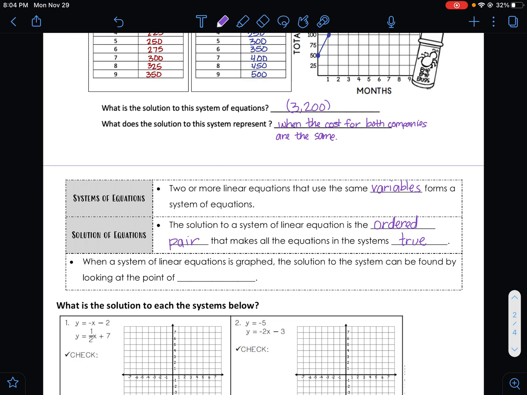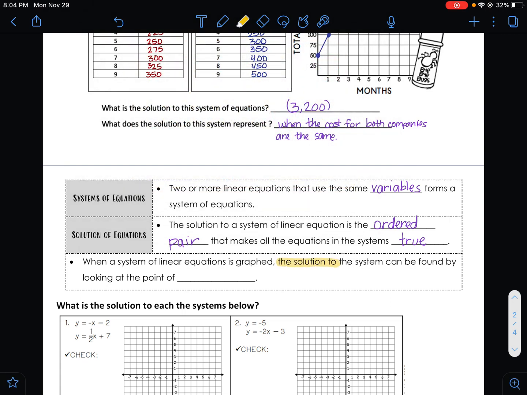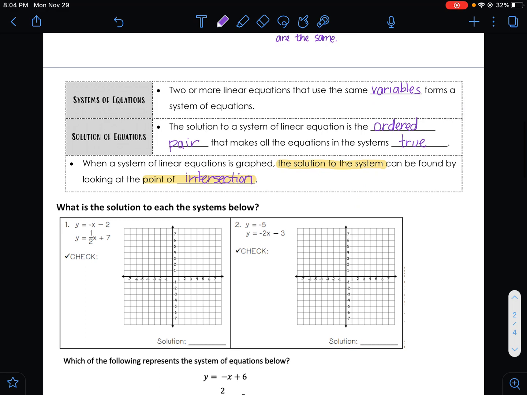And when a system of linear equations is graphed, the solution to the system can be found by looking for the point of intersection. Solution and point of intersection are the same thing.